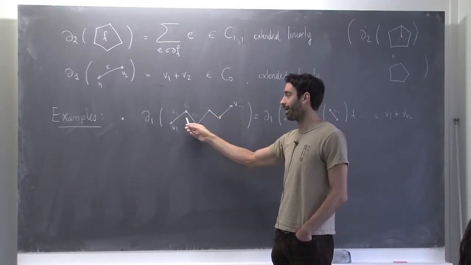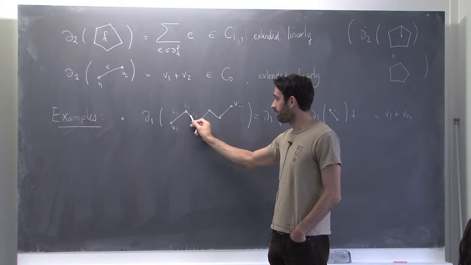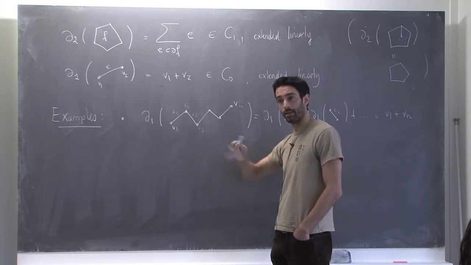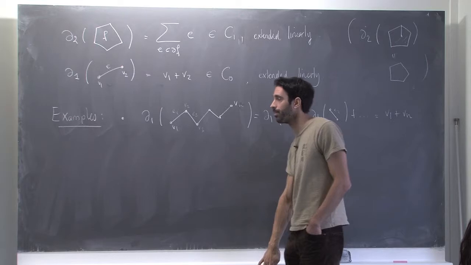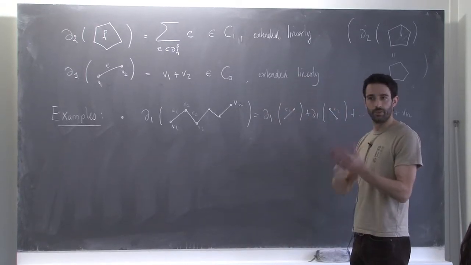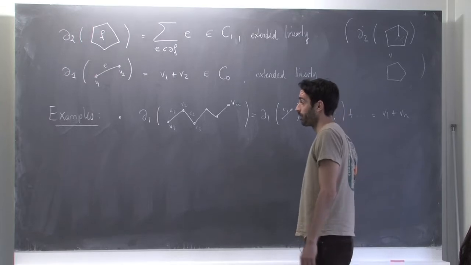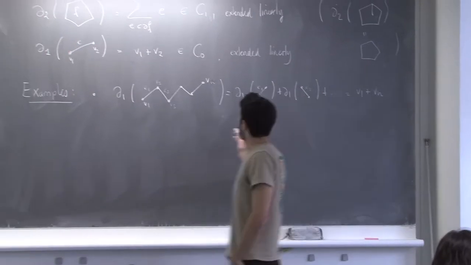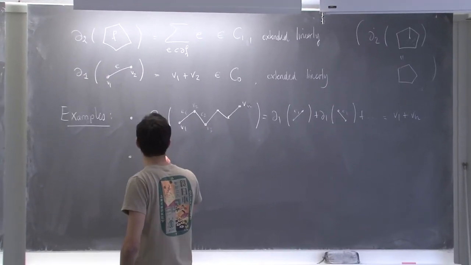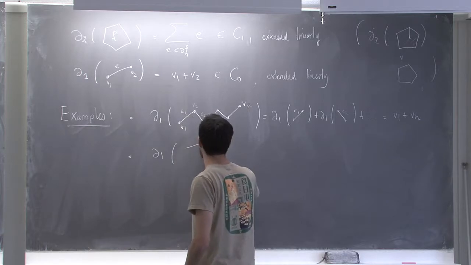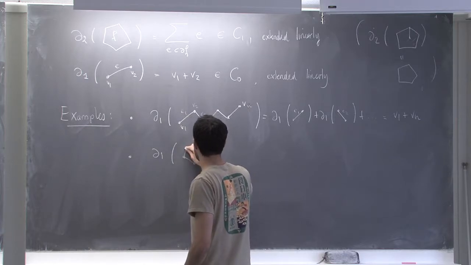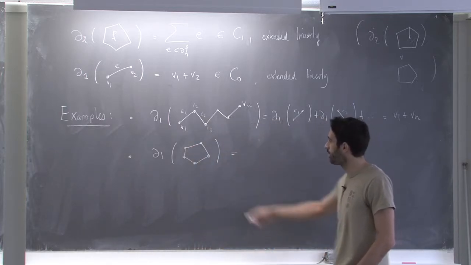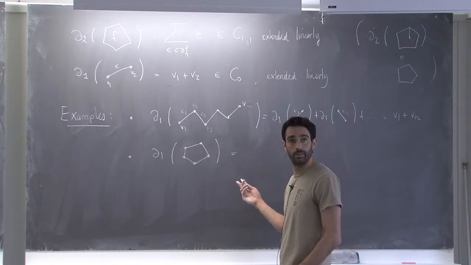Well, here it's still okay, but then we need to orient your edges and to count the boundary of this edge as V2 minus V1, and then it works. You see, we'll have a telescopic sum. In dimension 1 it's still okay, but in dimension 2 or higher, it gets really messy with the orientations. So here we're happy we don't have to deal with this. Okay, so this was this, and then another example, delta 1 of a cycle. What do you get? Well, you'll get 0, right?